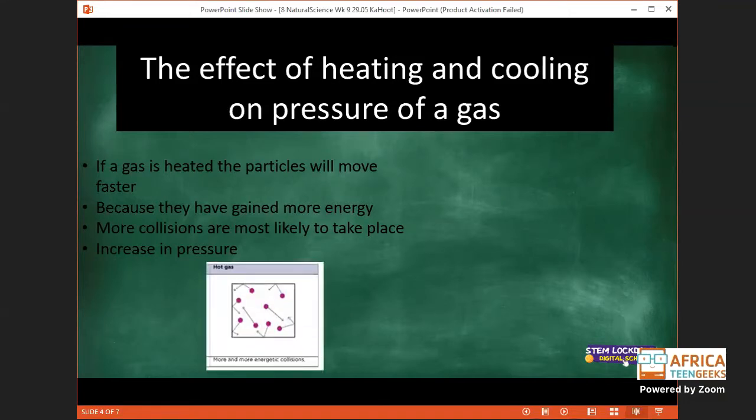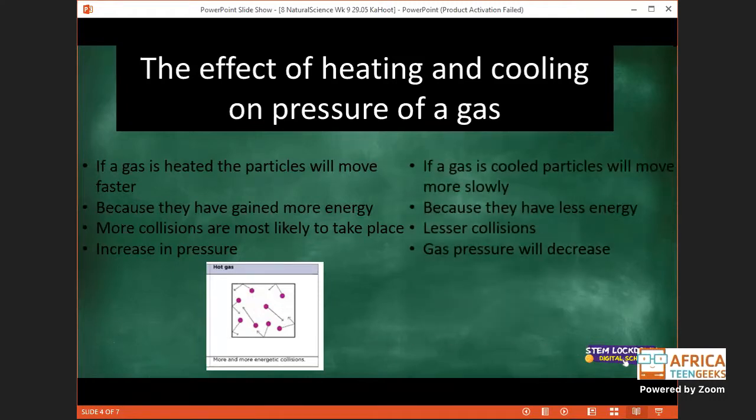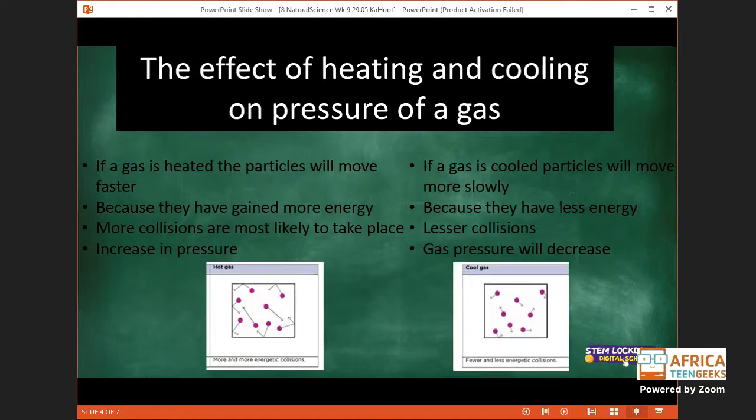Here we have a hot gas, indicating what particles do inside the gas. Then we said if we cool the gas, the particles will move more slowly because they have less energy. Therefore, we have fewer collisions and the gas pressure will decrease. And here we have an indication of the particles in a gas.